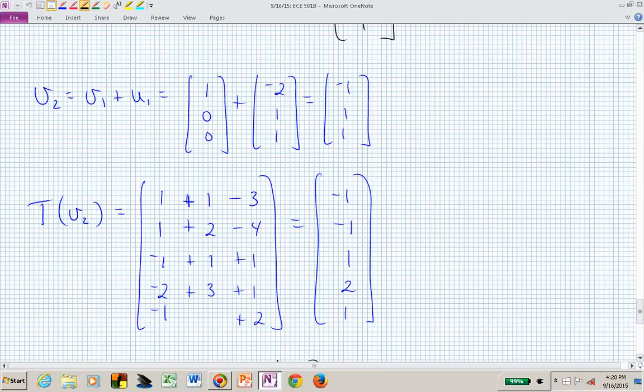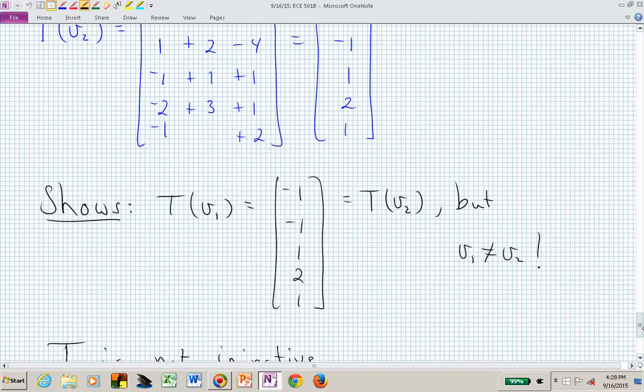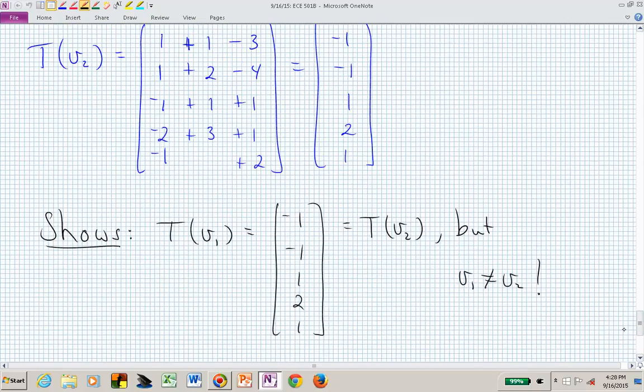And we're substituting x, y, and z. That gives us now this vector result, just adding up those coordinates, minus 1, minus 1, 1, 2, 1. That's exactly what v1 produced, the same vector. And v1 is not equal to v2.